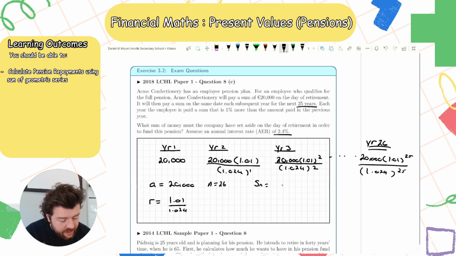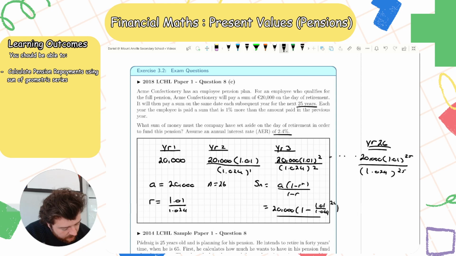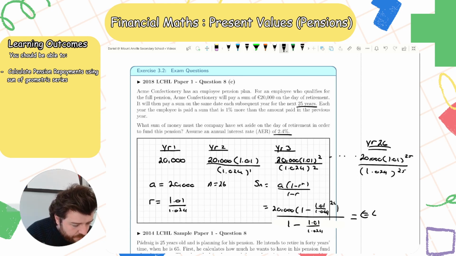So Sn equals A times 1 minus r to the n all over 1 minus r, which is 20,000 times 1 minus (1.01 over 1.024) to the power of 26, all over 1 minus 1.01 over 1.024, which is equal to 440,132 euro and 40 cents.